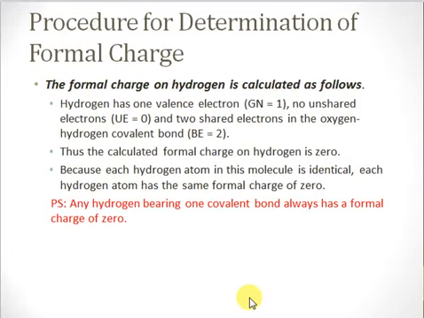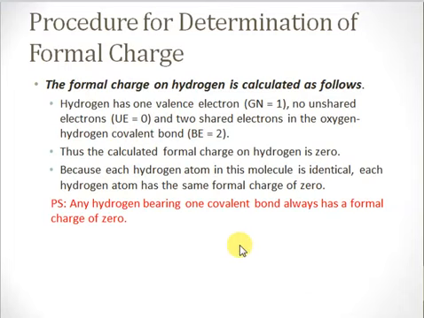So 1 minus 0 minus 1 equals 0. It means that the hydrogens have 0 formal charge. What does it mean? It means that in this molecule the hydrogens are neutral, right?